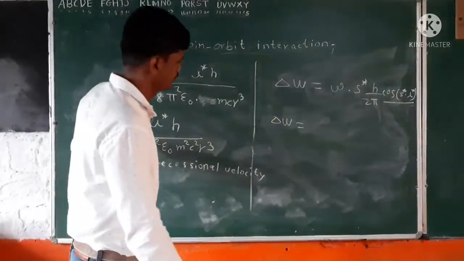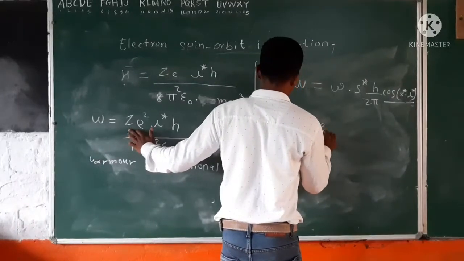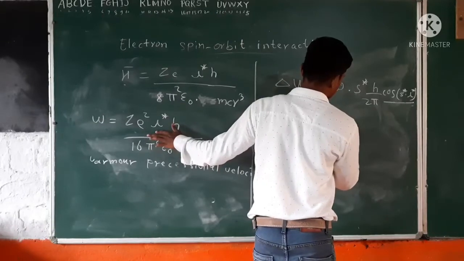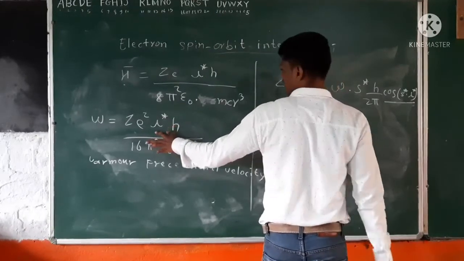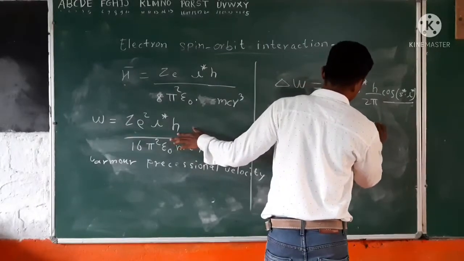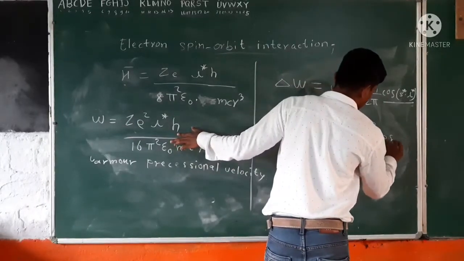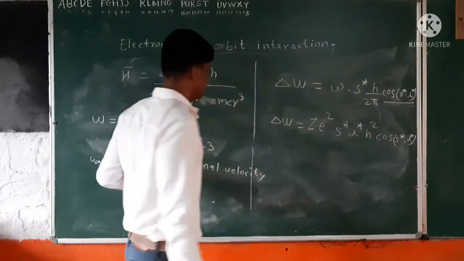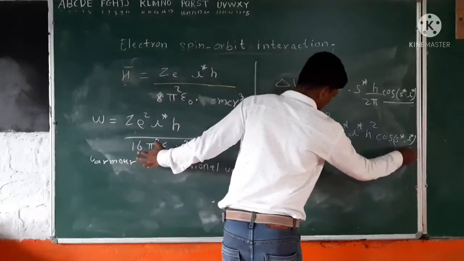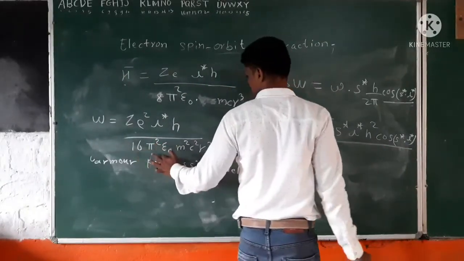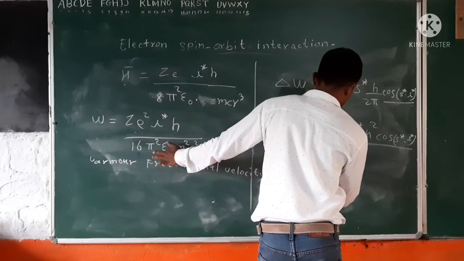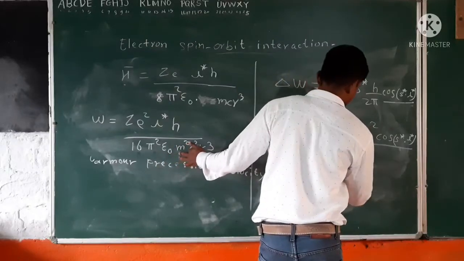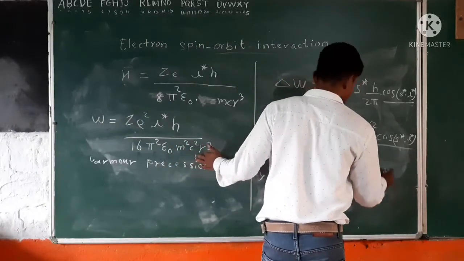Here Z e square L star, here is S star, so I will write S star L star, then h square, again cos of the angle between S star and L star, then 16 into 2, that will be 32, pi square, here is pi, so pi cube, then epsilon naught, m square, c square, r cube.